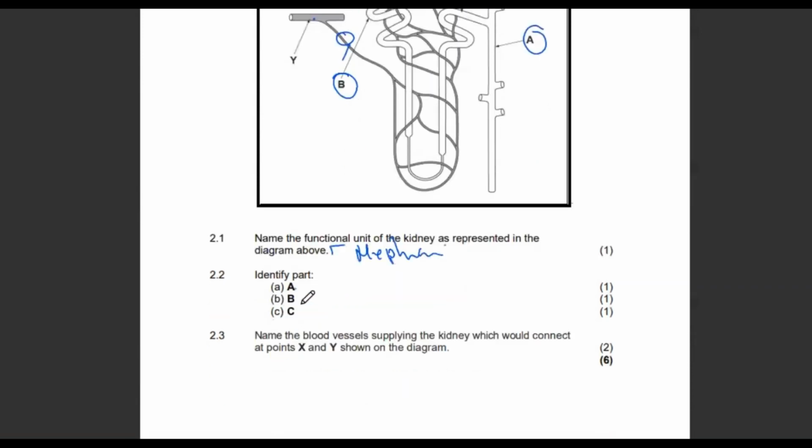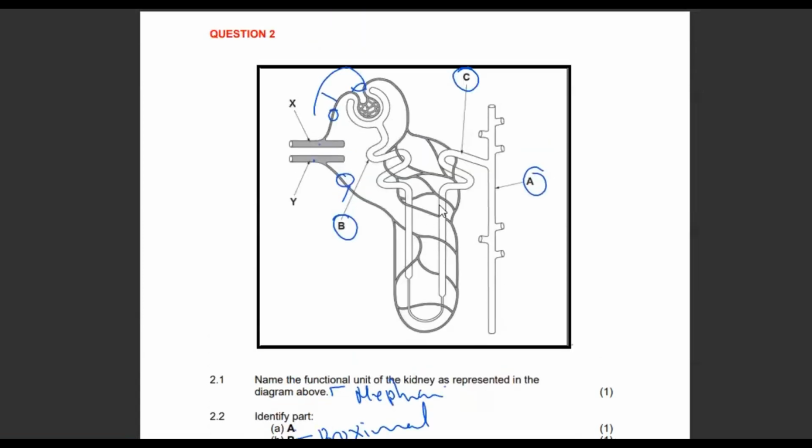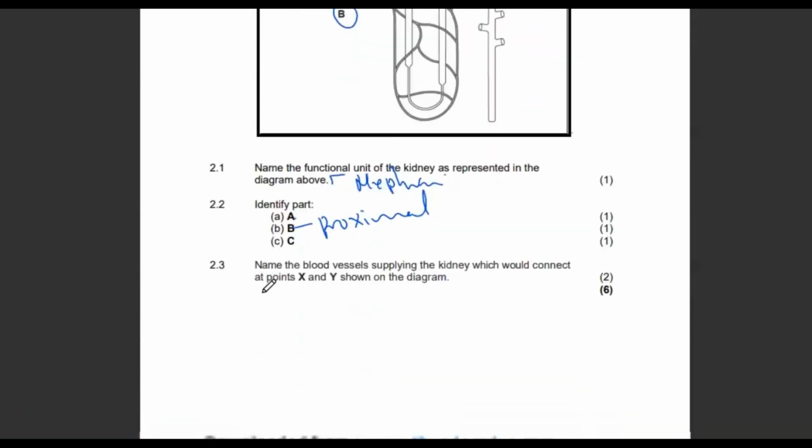Part B, you say that part B is the proximal convoluted tubule. And then part C is the distal convoluted tubule.